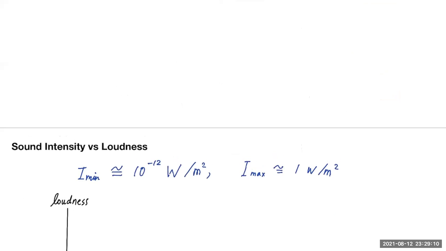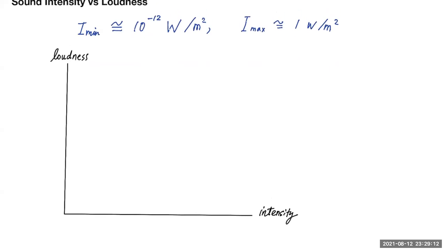All right. So if I were to imagine a perceived loudness, which is a function of intensity, I, it's not going to be a linear function. A linear function would look like this. Let me draw a picture, a line like this.